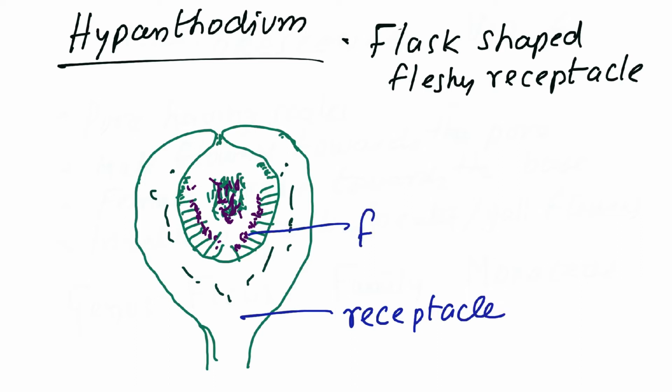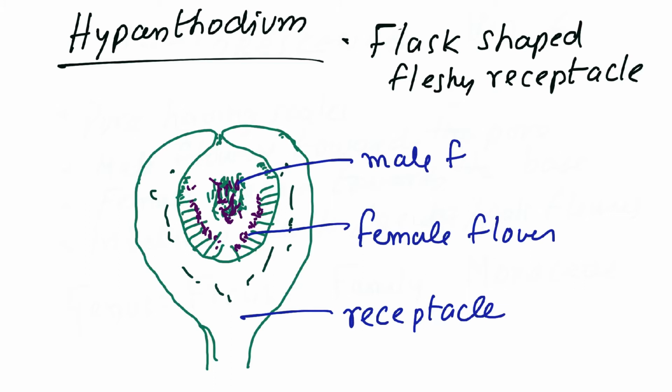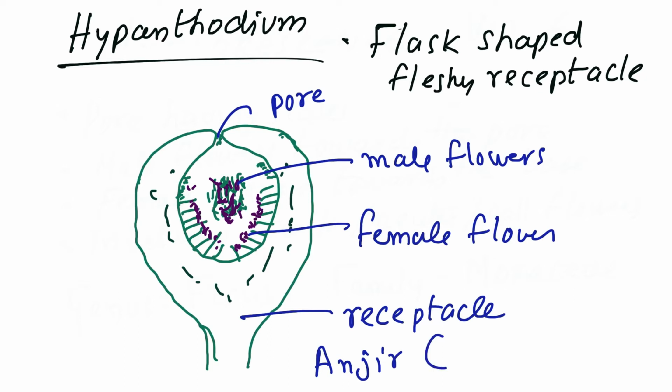And in between you have the sterile, the neuter, or the gall flowers. Note that the gall flowers also play a very important role in the pollination process, even though they don't develop into fruit. So that's a very important point. The presence of gall flowers is a very notable point, especially from the examination point of view.